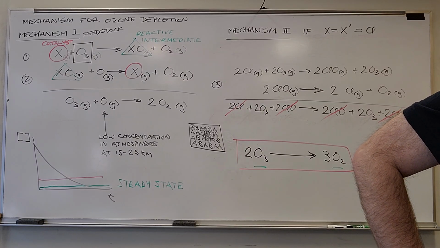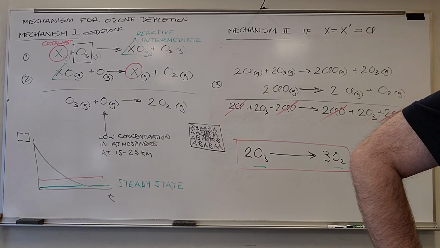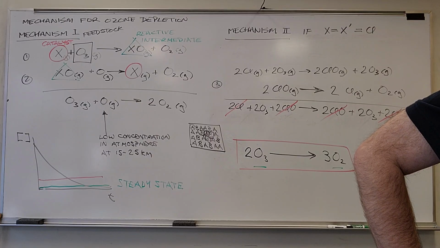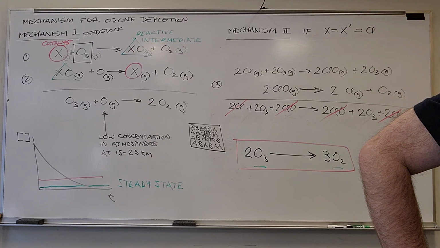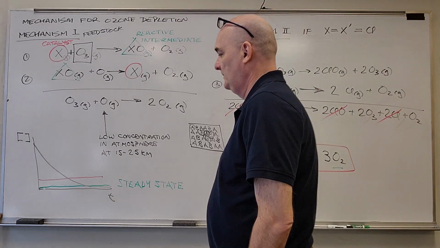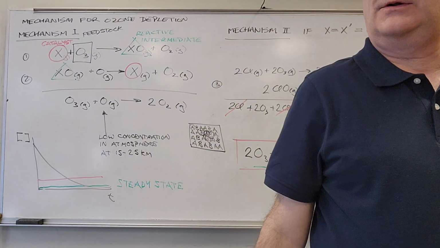Now, there's a very, very small amount of naturally occurring chlorine in the atmosphere, but the chlorine that we're worried about came from a particular type of man-made chemicals. These chemicals were the wonder chemicals of the 1960s. When we made them, they were fantastic. Let's look at that on Tuesday.